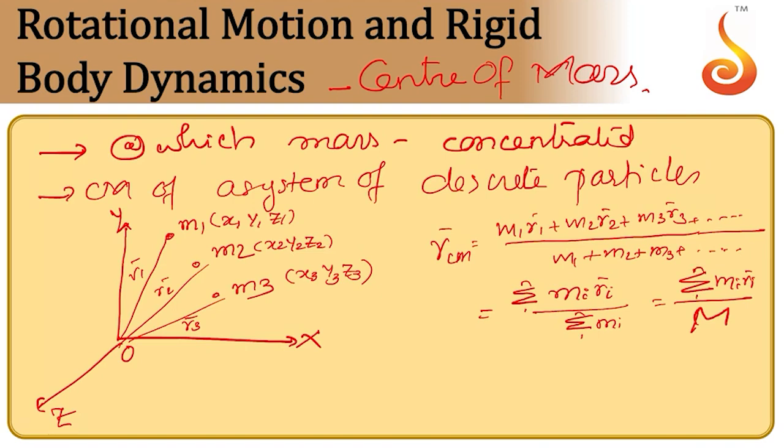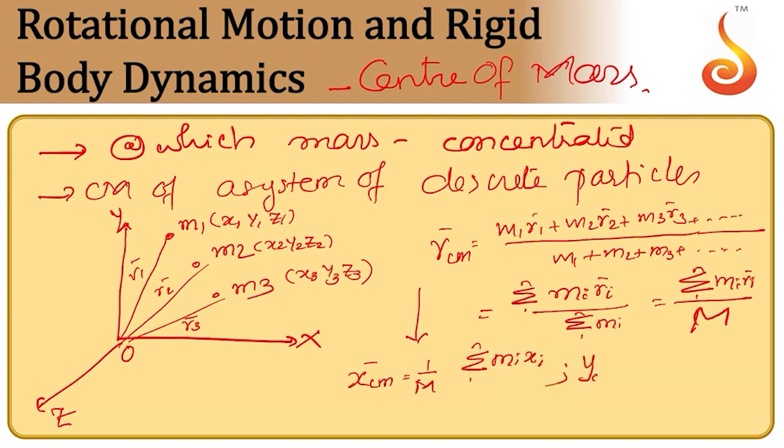This can be broken up into three parts, one along x-axis, the other along y-axis and the other along z-axis. So we have xcm is equal to 1 by total mass M sigma mi xi from 1 to n.